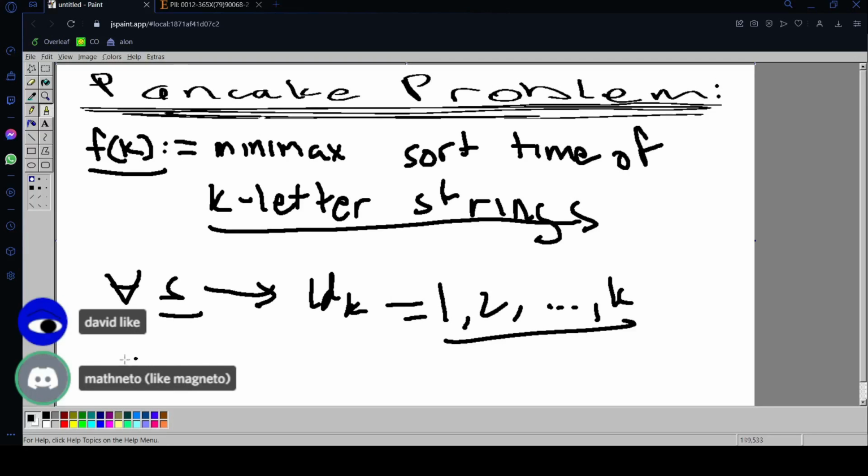Or you could think about it as creating a graph where your vertices are k-letter strings. By k-letter strings, I mean some rearrangement of the numbers 1 through k in a list.